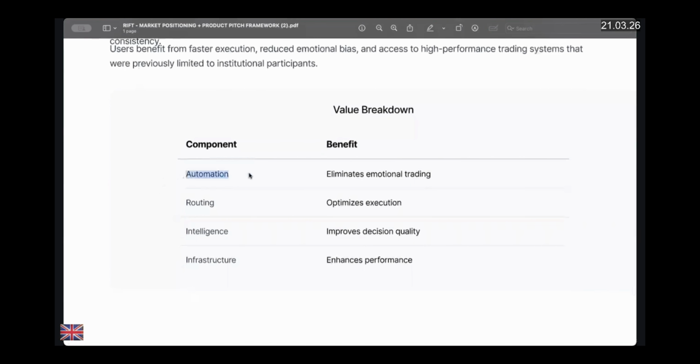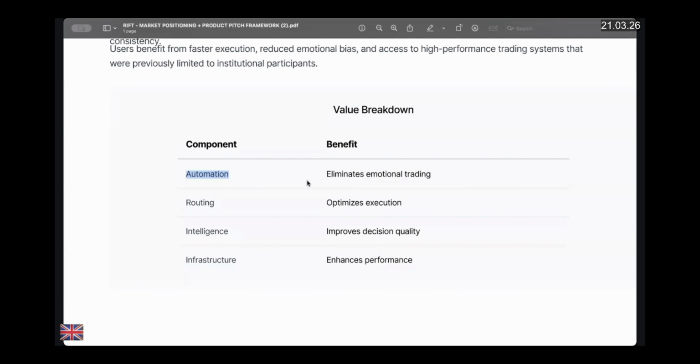When it comes to automation, it eliminates emotional trading. While I was looking at the chart, I was the person thinking, why didn't we place a long position when the candle was going green? And then when I checked a second later on Dex Screener, the candle was red, and that's how I got more confident in my trade, and then I was like, okay, let's close it in a while.